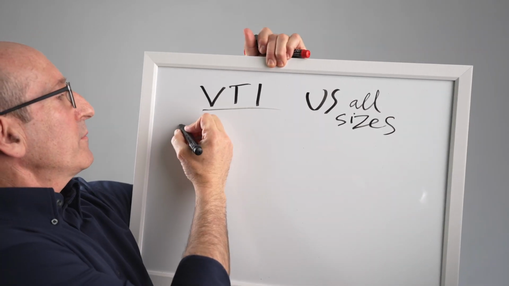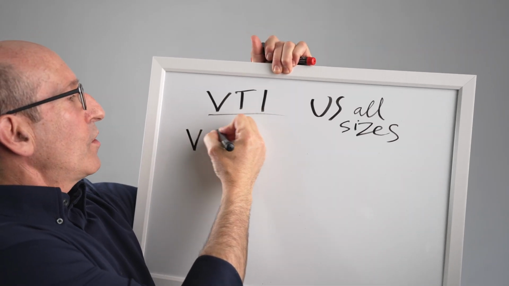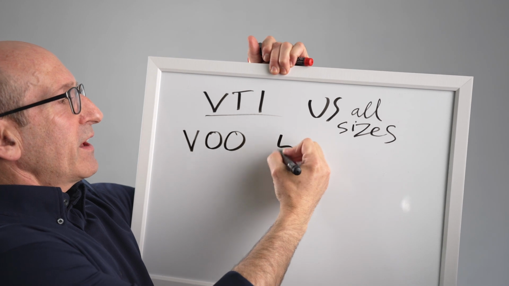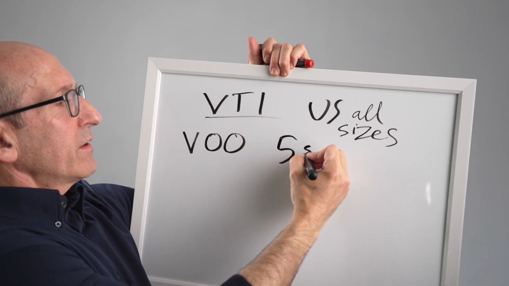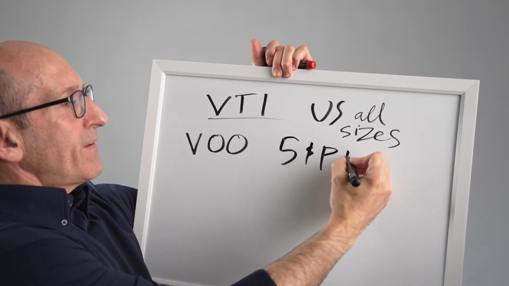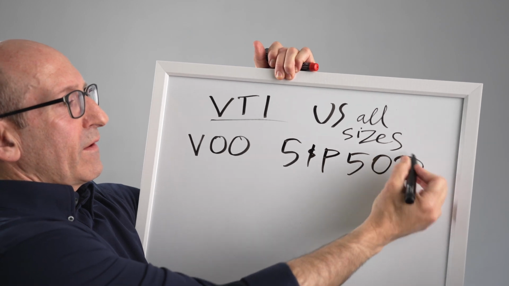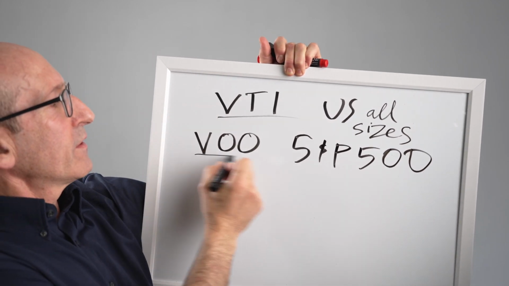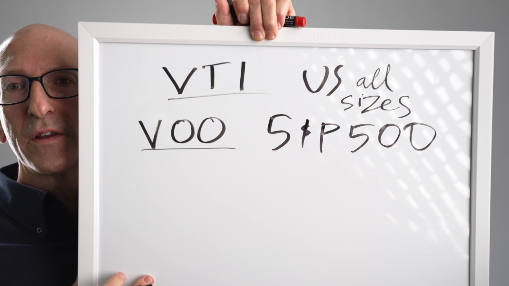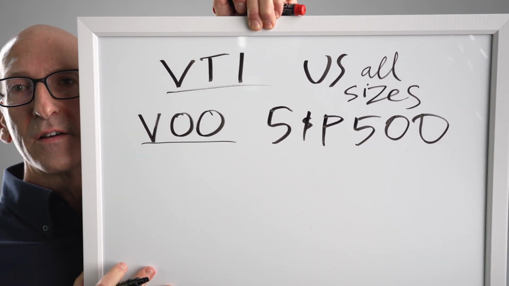Then the next one was VOO, and that's the S&P 500. And that's the largest companies based in the US right there.